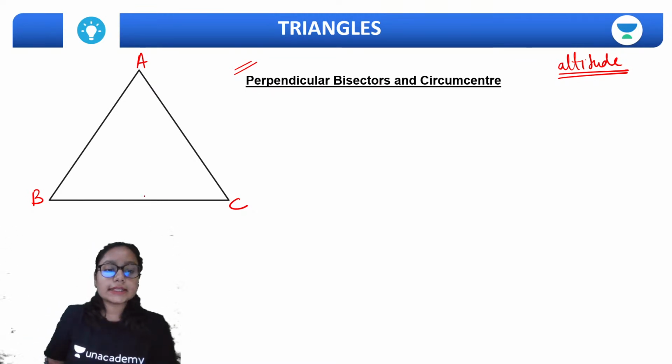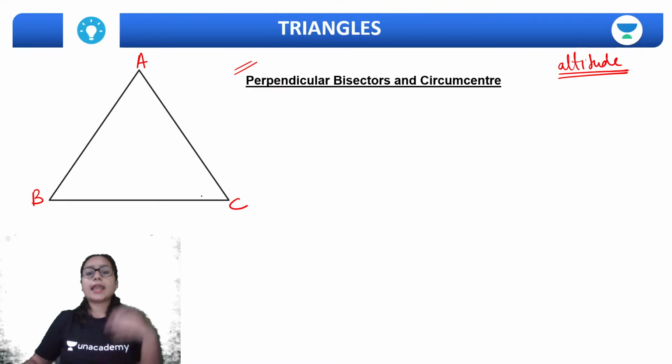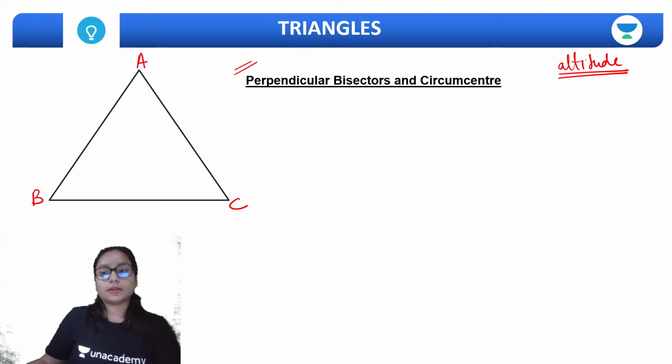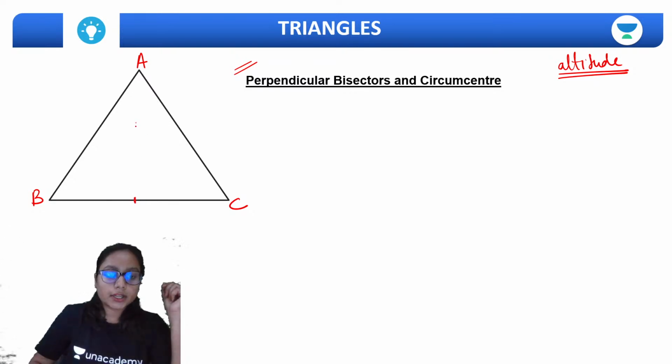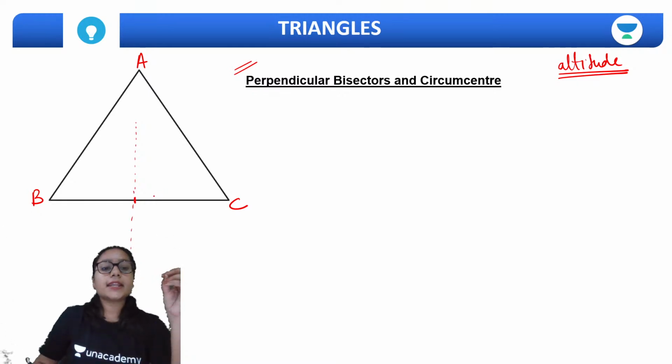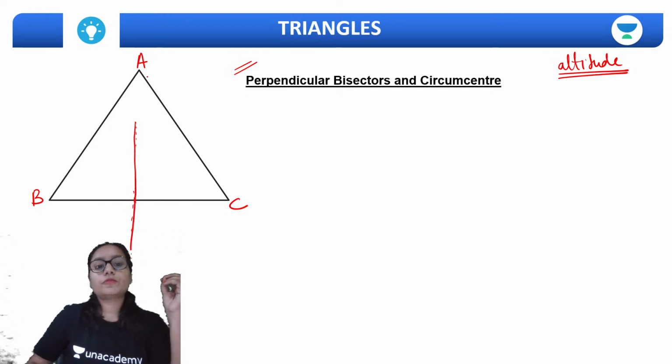If I consider this side BC and I have to draw the perpendicular bisector, I will draw the perpendicular at the midpoint of BC. I can take the midpoint somewhere here and draw the perpendicular. This is the perpendicular.